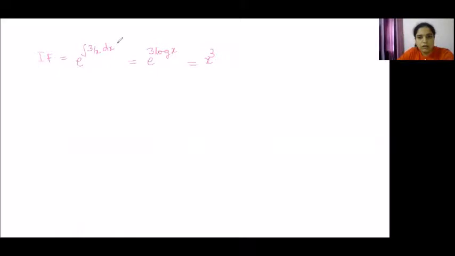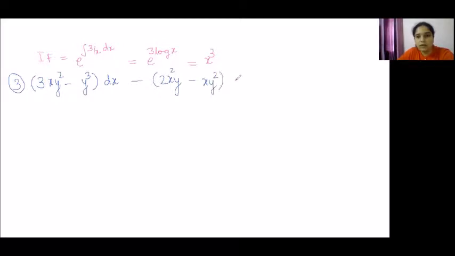Now let us consider one more problem. The problem is, solve the differential equation (3xy square minus y cube) dx minus (2x square y minus x y square) dy equal to 0.